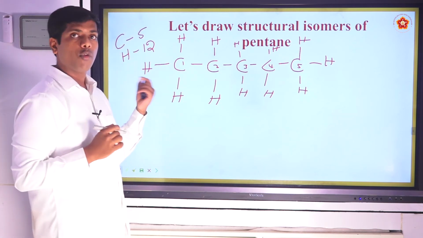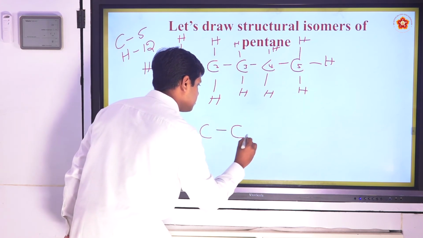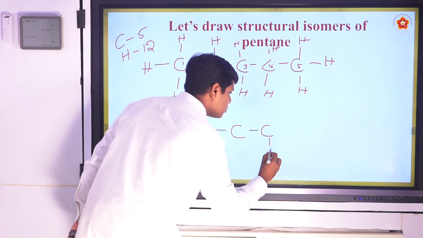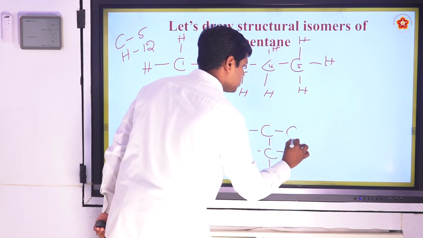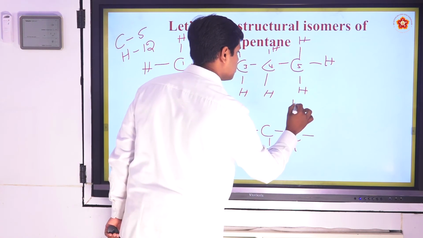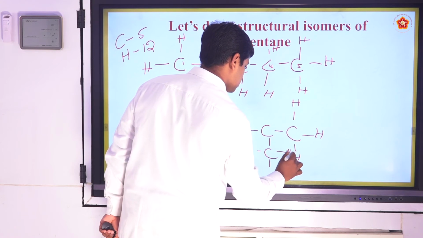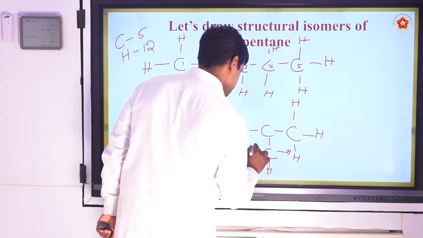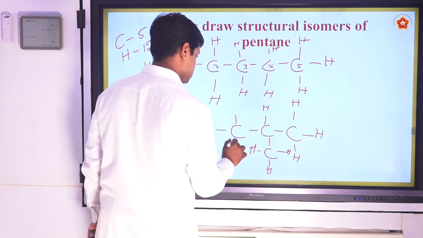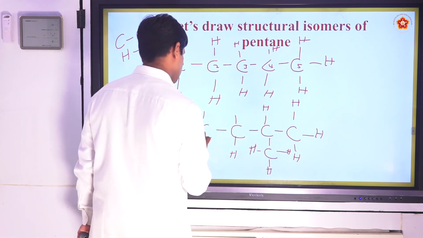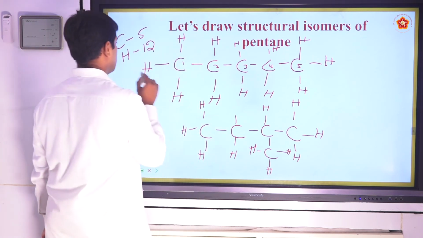Let us write one more isomer of pentane. This is the first structure.